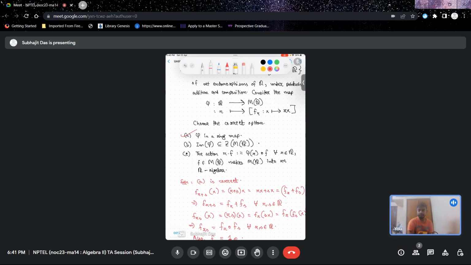Note that the image of phi consists of all maps f_r. Whether they commute under composition with all elements of End(R) is something that you need to work out or figure out.